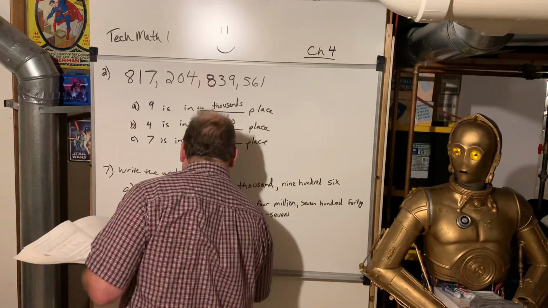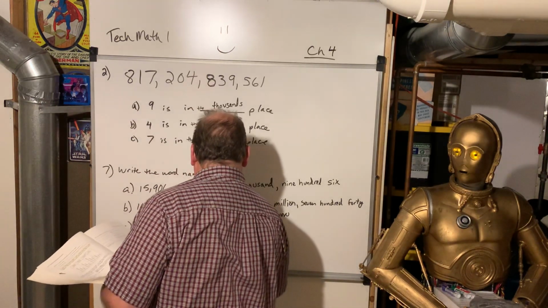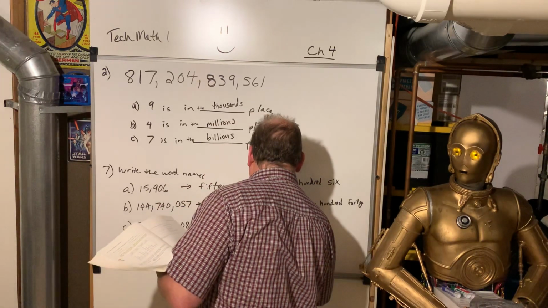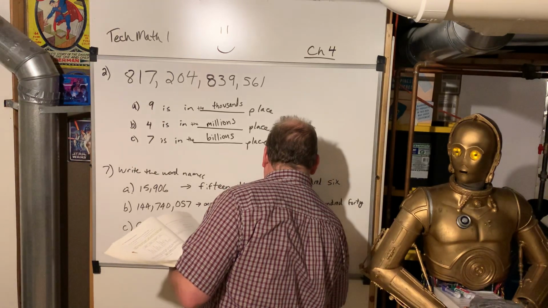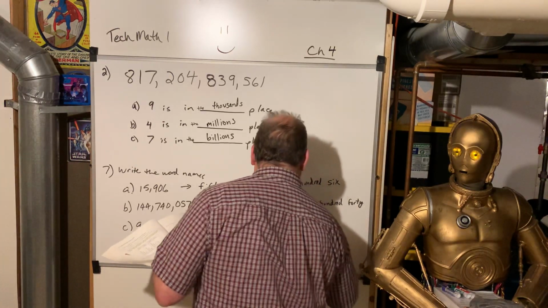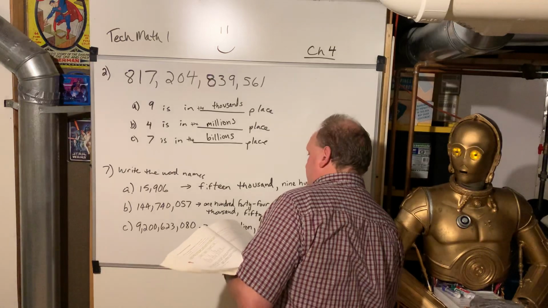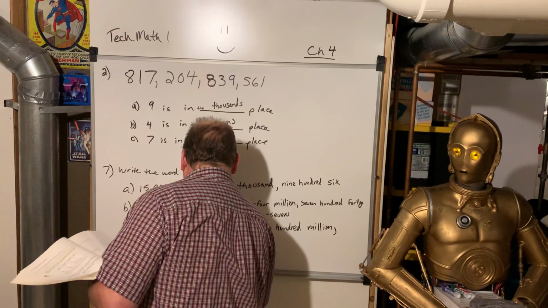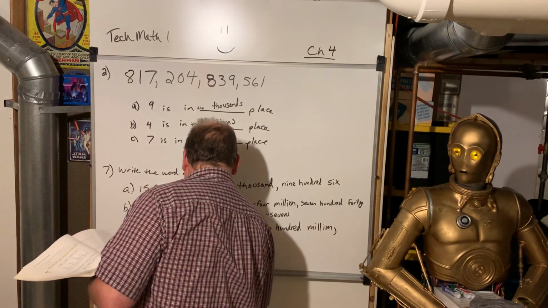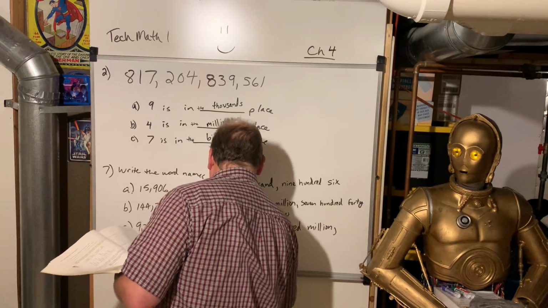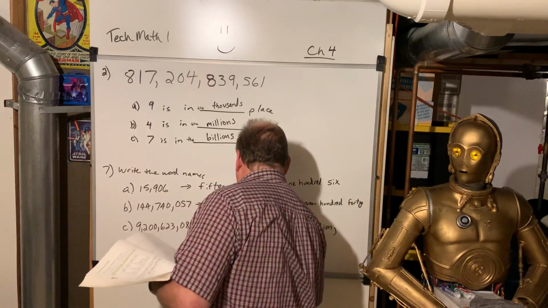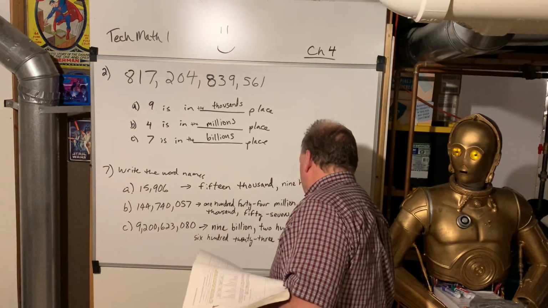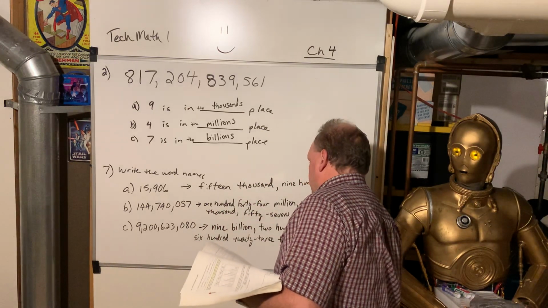So that's how we would write it. 9 billion, 200 million, 623 thousand, 80.